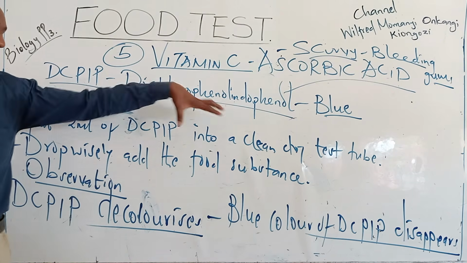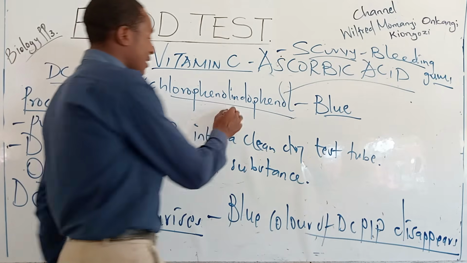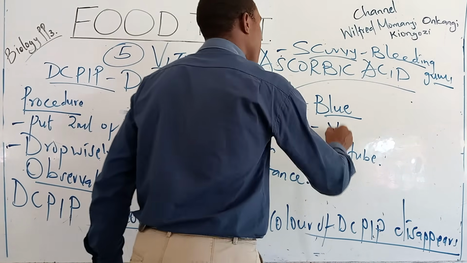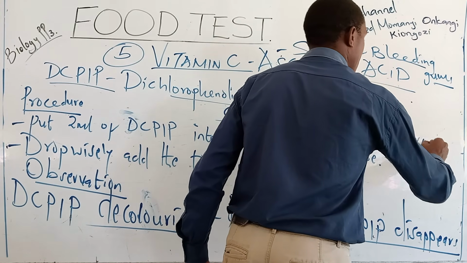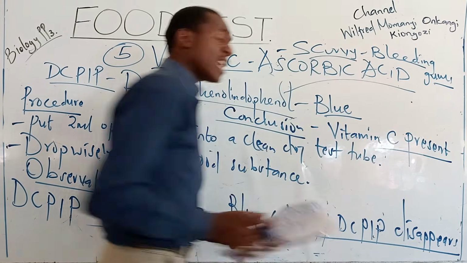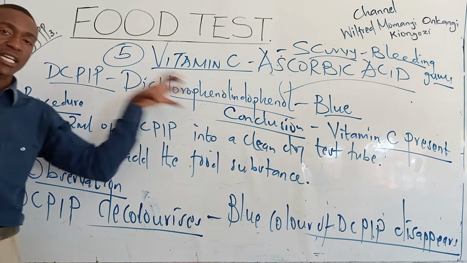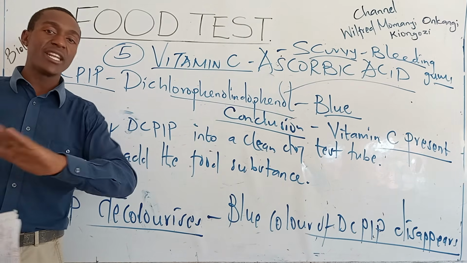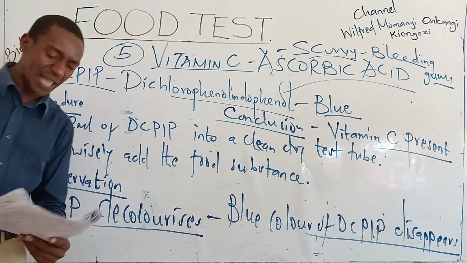If this color changes from blue to colorless, then you conclude that vitamin C is, of course, present. But if the blue color of the mixture remains, or of the DCPIP persists, then it means vitamin C is not present in that food sample.